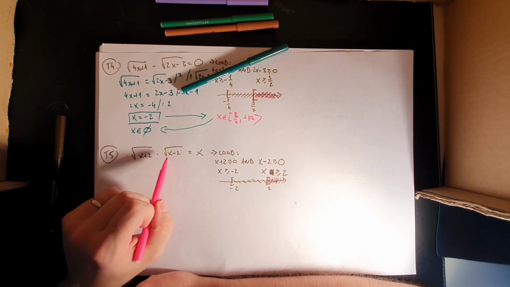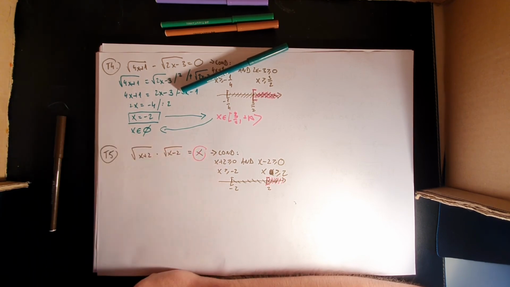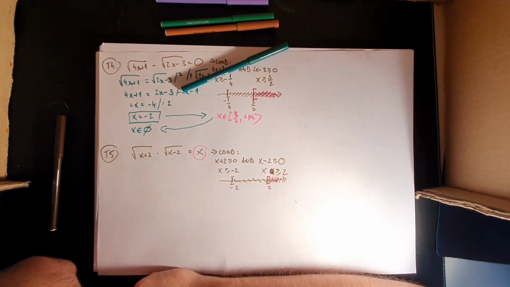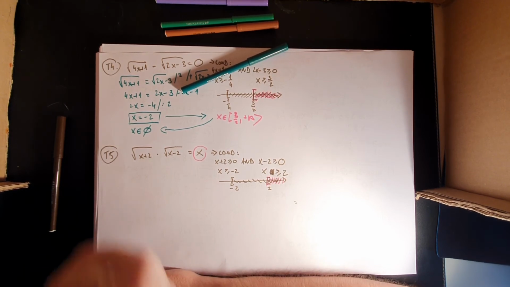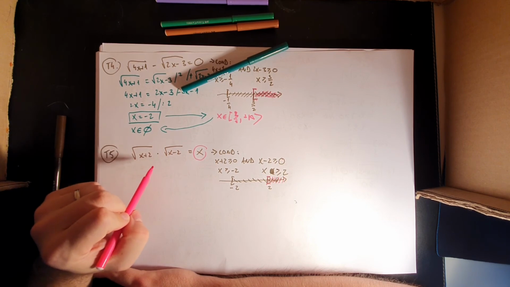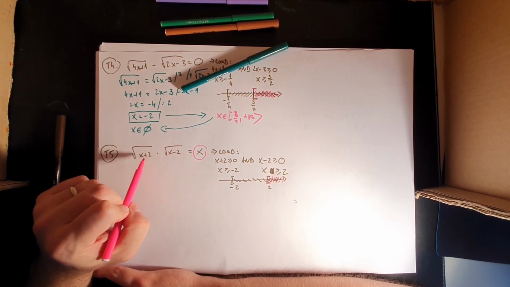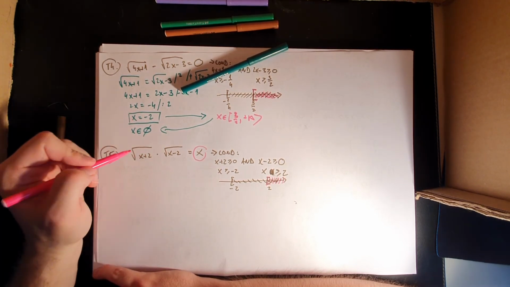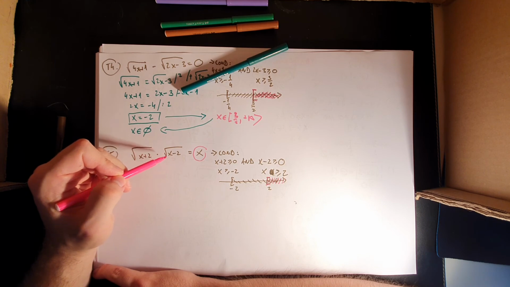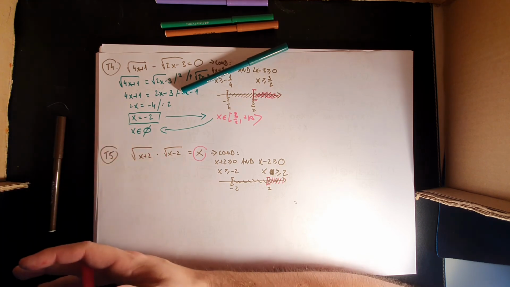The unknowns are in the roots, but the unknown is also outside of the root, and this is what you have to look at as a bigger picture. The whole left side is either 0, because either of these two can be 0, or greater than 0, because a number greater than 0 multiplied by another such number is greater than 0.